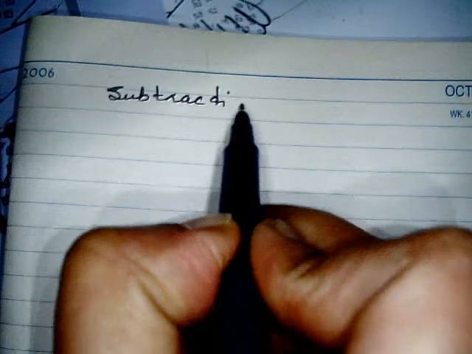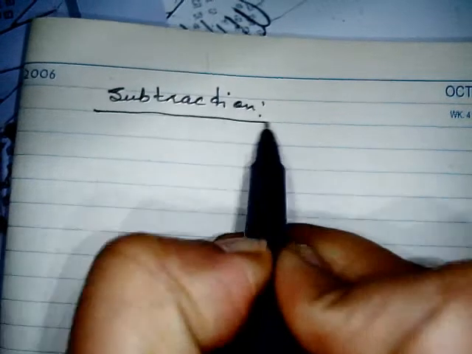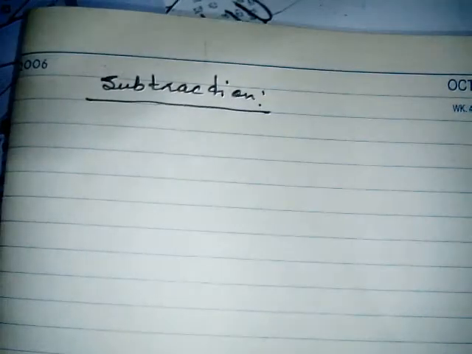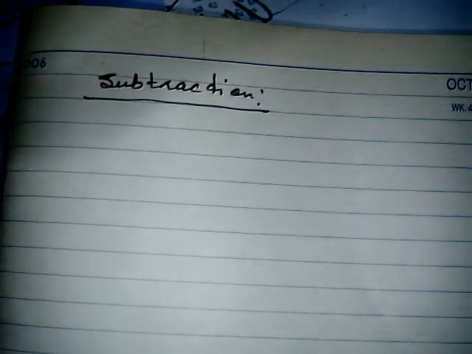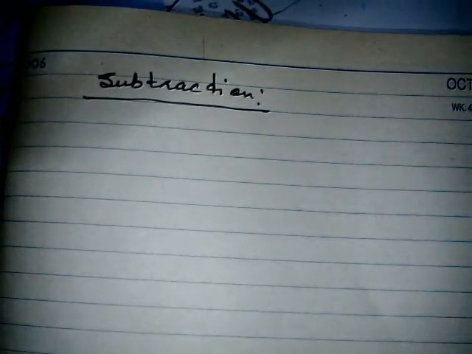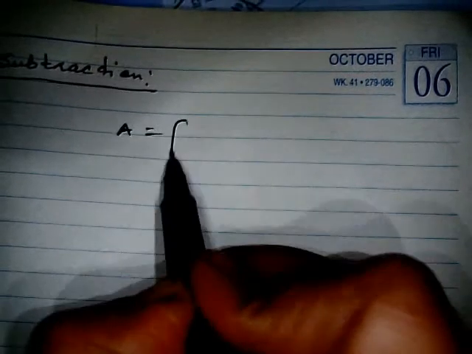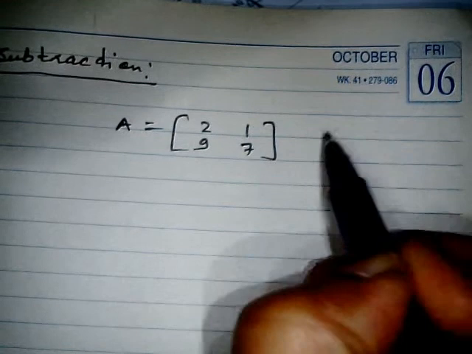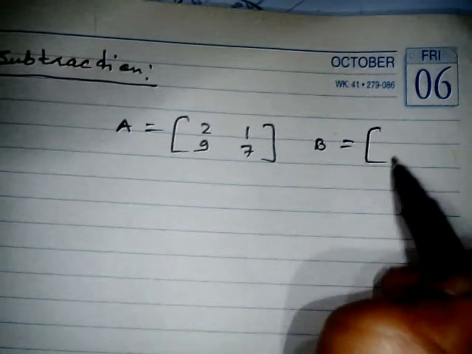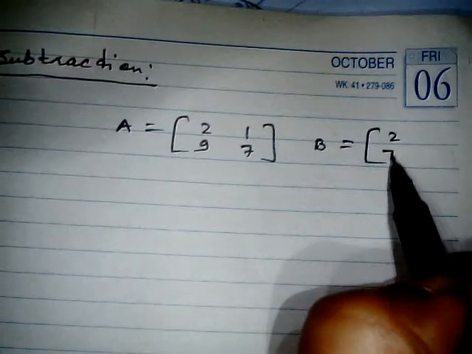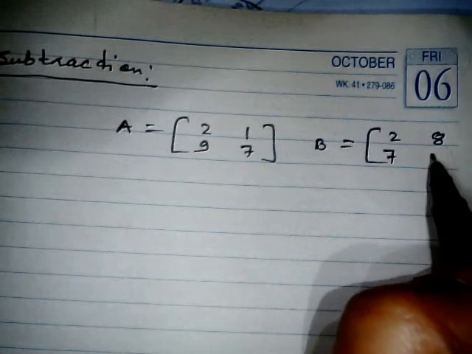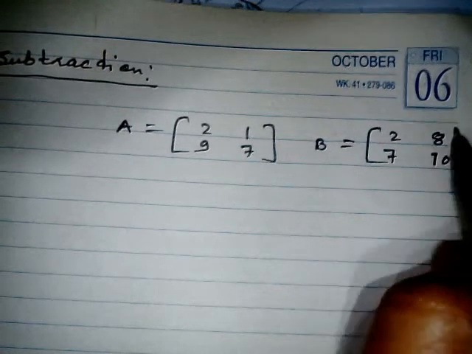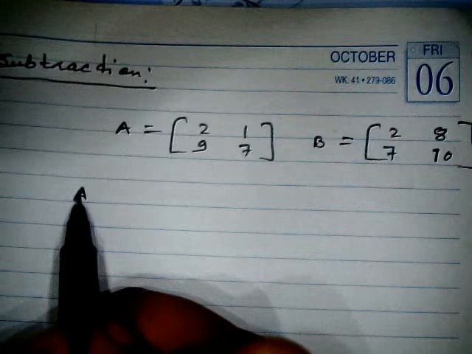Like suppose it is given A equals 2, 9, 1, 7, and the B matrix is given 2, 7, 8 and 10. Now I need to find A minus B, means from the A matrix I need to subtract the B matrix. So this matrix order I am going to write over here. This is a 2 by 2 matrix and this is also a 2 by 2 matrix.